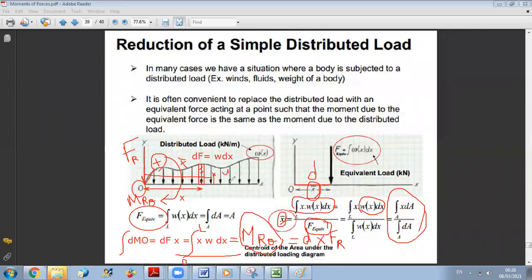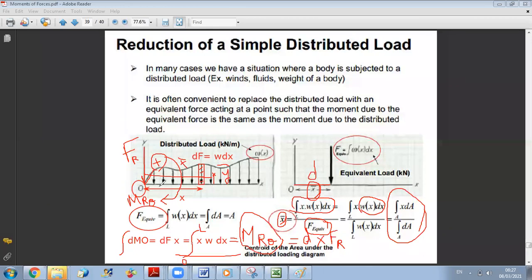To be able to calculate them, if you have a variable function, you can say that x bar is integral x dA over integral dA. So this formula will give you the position of the centroid of your area. What can I deduce from this?